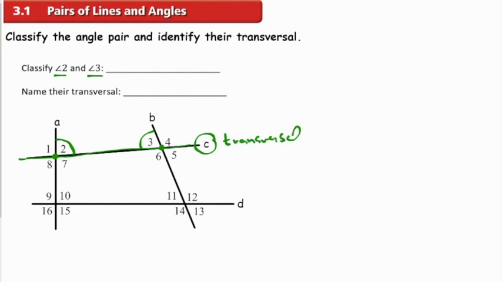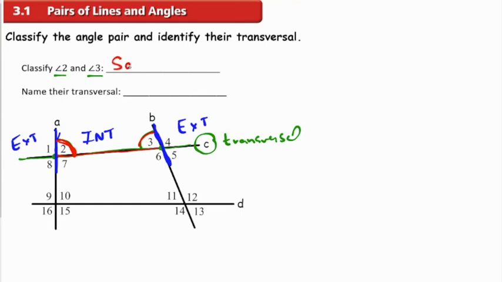And then the other two lines involved in the intersections will create our interior and exterior regions. And I see that both of these angles are in the interior region, and they don't switch which side of the transversal they're on. They do not alternate. They are on the same side.